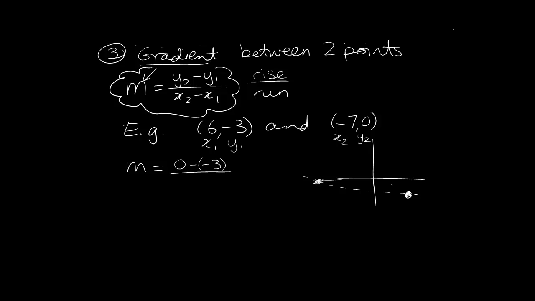In the denominator we've got x2 minus x1, so it's going to be -7 take 6, which means my gradient is going to be 3 over -13, or if you prefer, -3 over 13. Either way, you can tell that your gradient here is a negative value, which is consistent with what we were saying with our quick sketch.